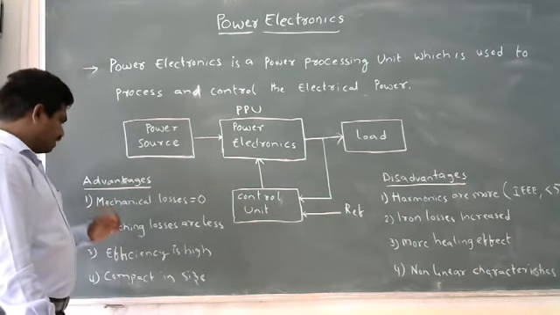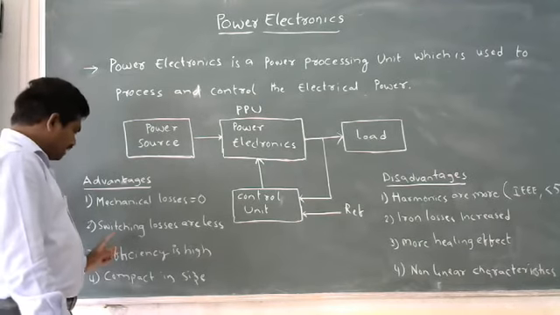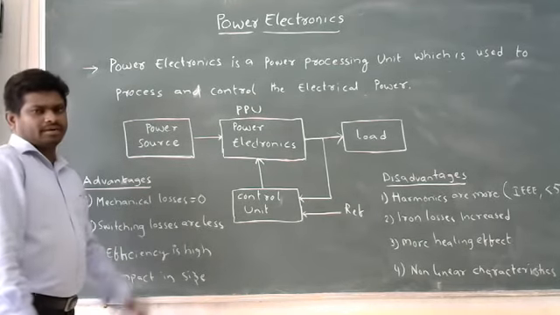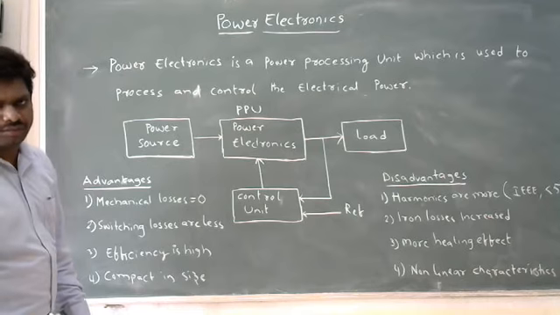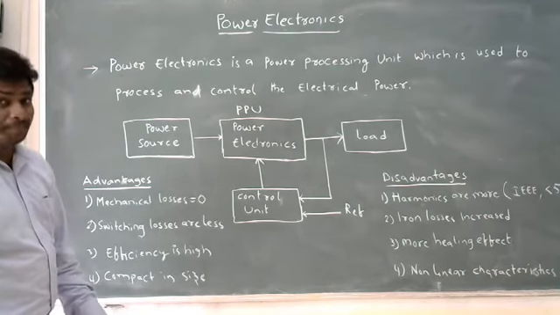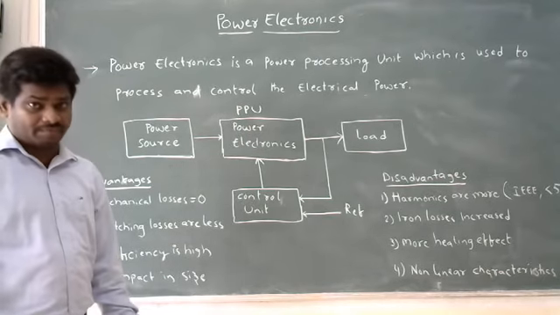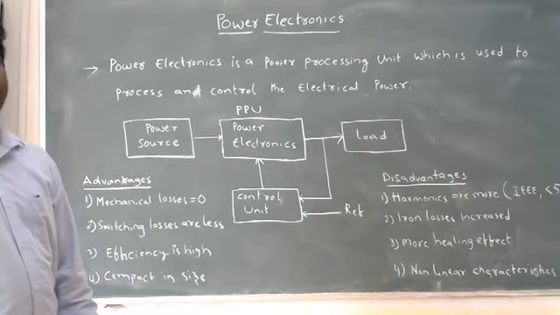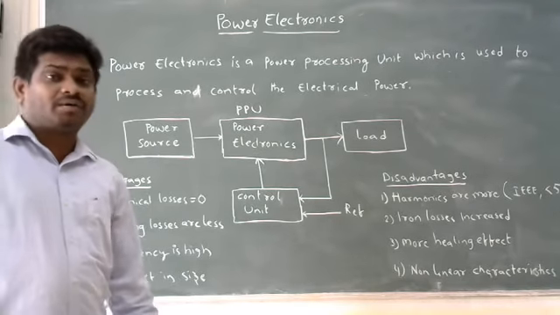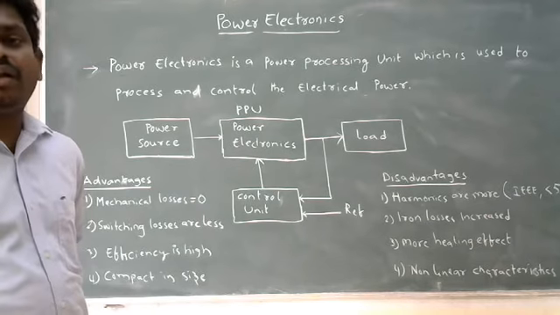And we can say there are no mechanical losses, and very little switching loss when you use power electronics. Can I say that if the losses are very less, I can improve the efficiency? It means I can get more output power. As we know, the input power is used to produce both output power and losses.